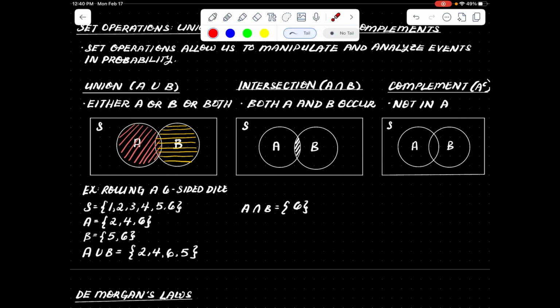Lastly, we have what is called the complement. So A complement, that's how you would denote it.